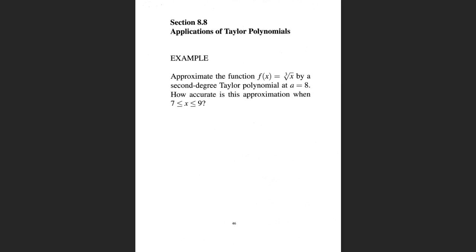A Taylor series is this infinite series. It has an infinite number of terms, that power series. But if we just look at a finite number of terms of that infinite series, we get a polynomial. So let me give you a moment to copy this example down, and then we'll talk about it.